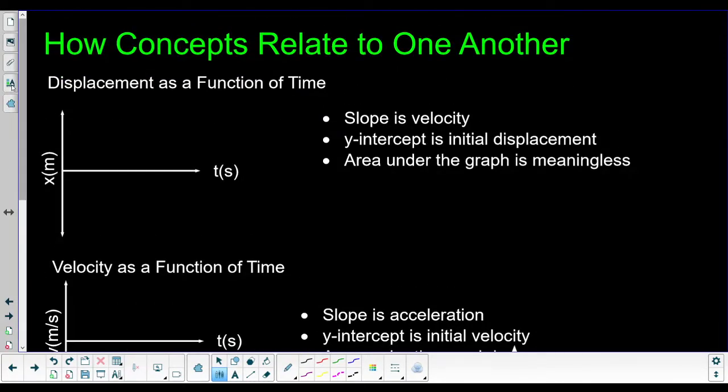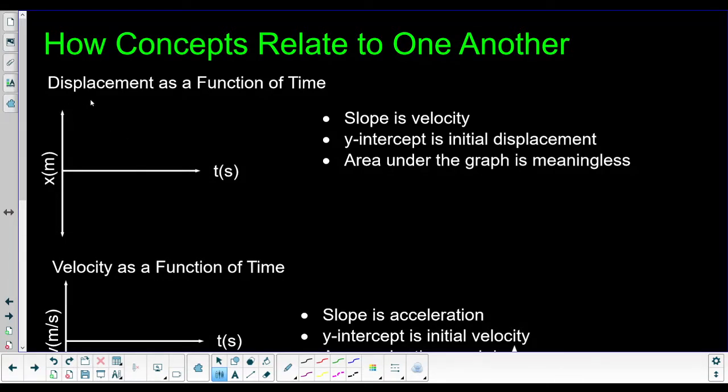We're going to talk about what the math property of the graph corresponds to physically, right? Because graphs are math, physics is real life. We've got to somehow put into our brains how the math corresponds to real life, what it means, right?